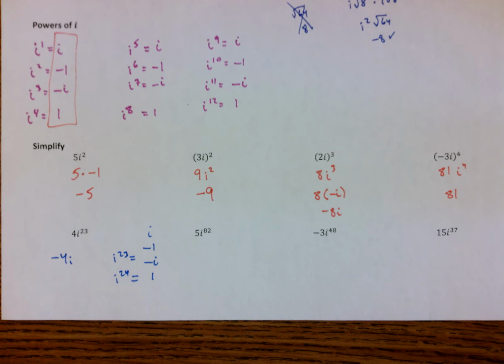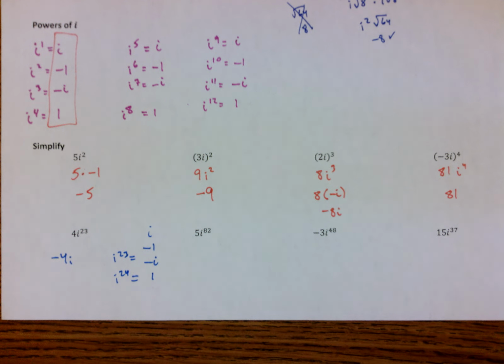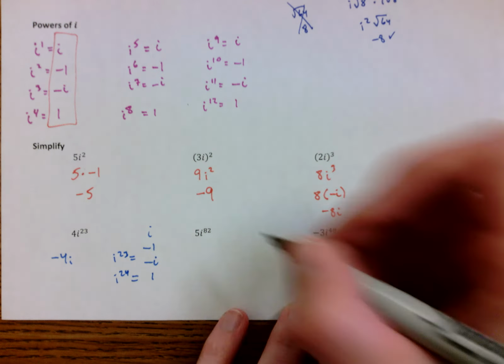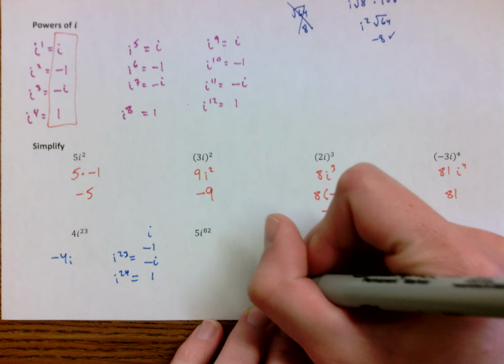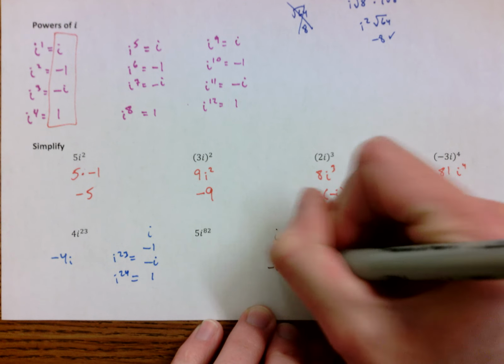All right, next guy, we want i to the 82nd. So I'm looking for the closest multiple of 4 to 82. 80 and 84 are equally close. It doesn't matter which one you want to use, right? So if I started with, say, 80, here's my pattern. It goes i, negative 1, negative i, 1.